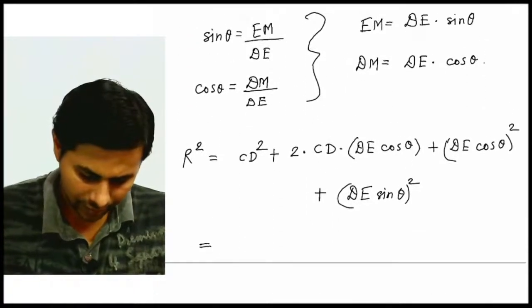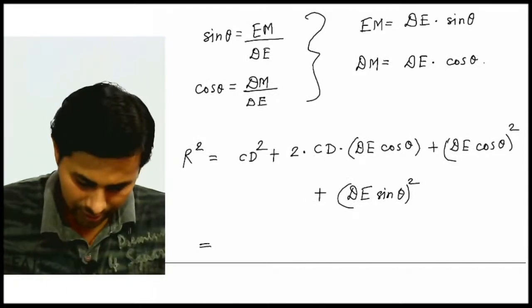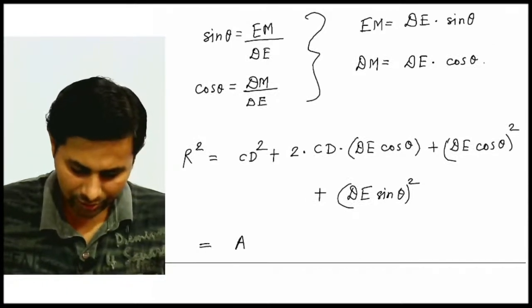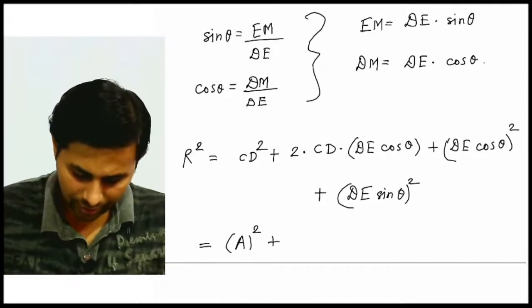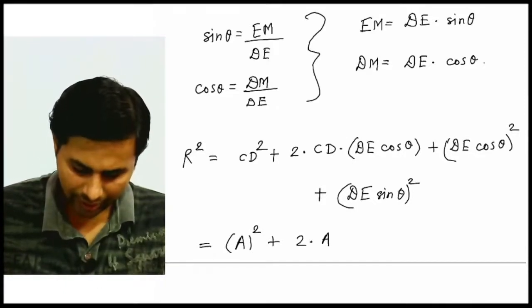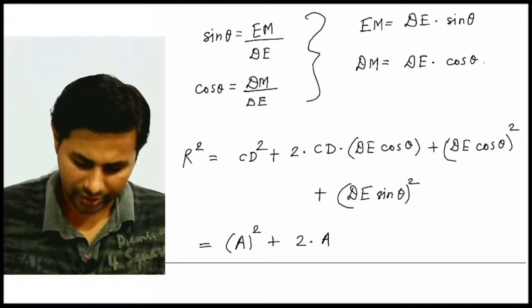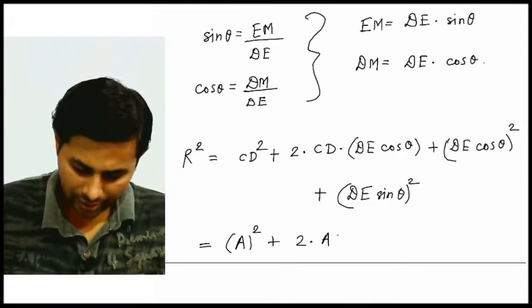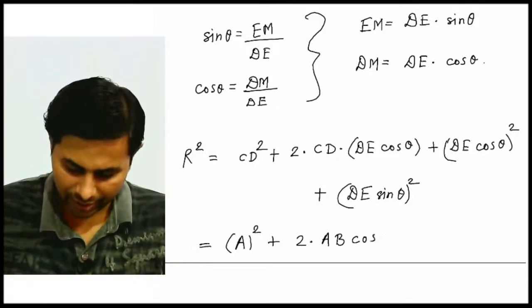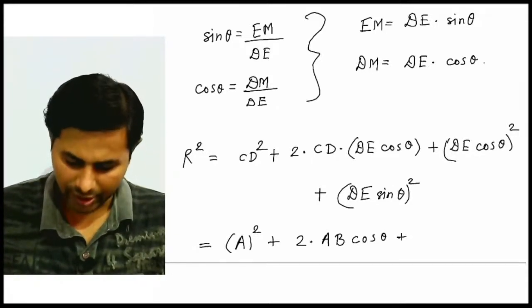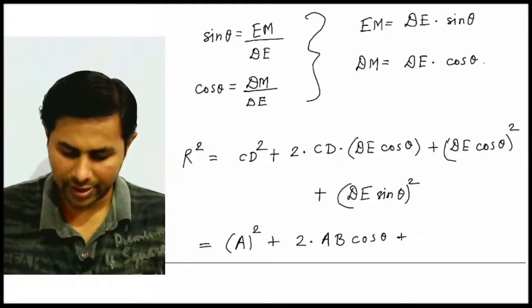So CD is magnitude of vector A, that is A. So we have A squared plus 2 times A multiplied by DE, which is magnitude of vector B, so 2 times A into B multiplied by cosine theta, plus we have DE cosine theta squared.